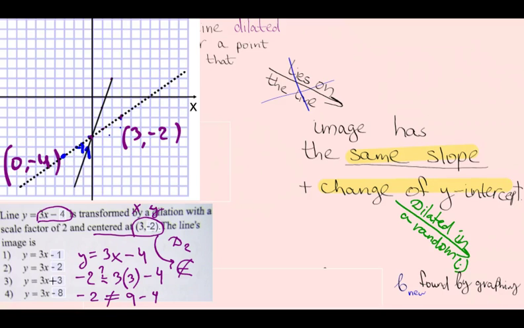Because this line will have the same slope, from this point I just found, I can apply that slope. 3/1 would mean that I found this next point that belongs to my image. And now having 2 of those points, I will be able to connect them and then extend them.